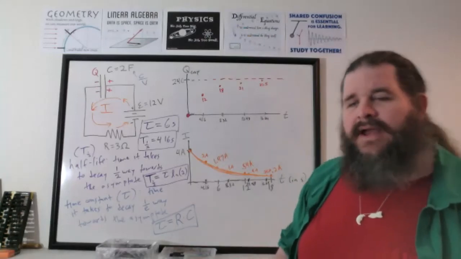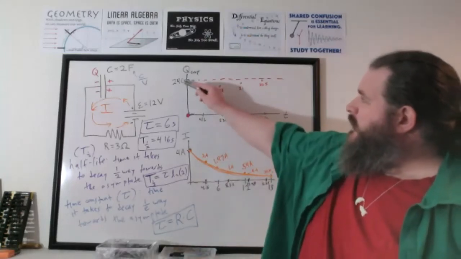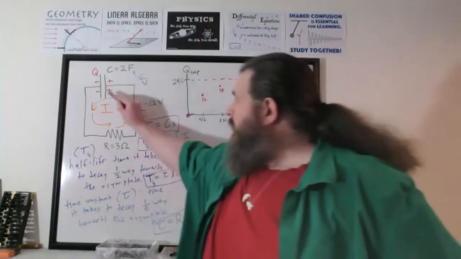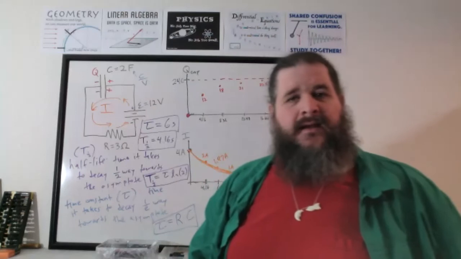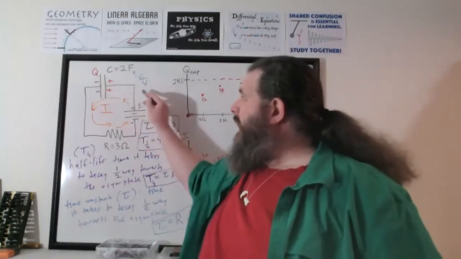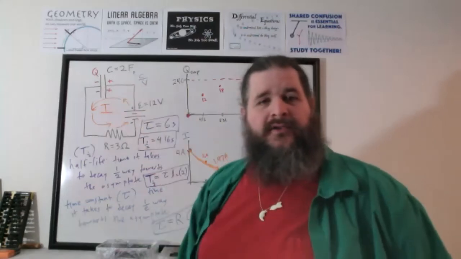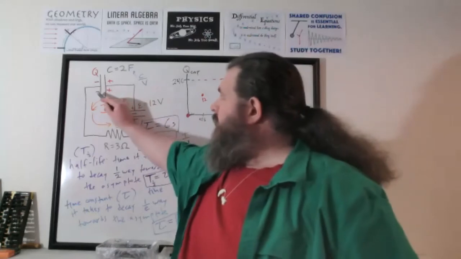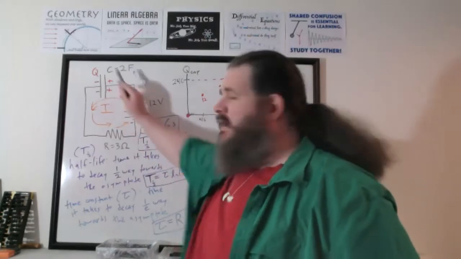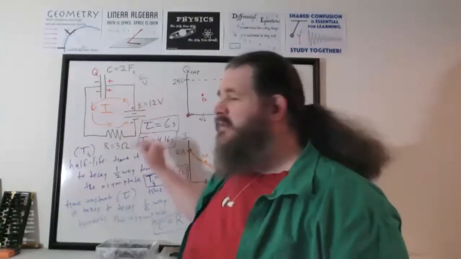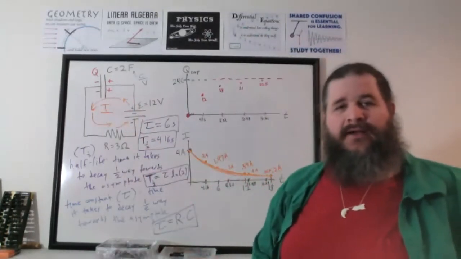But yeah, it's going to go down to 24, because 24 coulombs is the equilibrium situation, the situation where the capacitor and battery balance out exactly. But if the capacitor has more than 24 coulombs, that means it's pushing back stronger than the battery's pushing forwards. The capacitor has too much voltage. So that's actually going to make current flow the opposite direction. If the capacitor starts with too much charge, current's going to flow backwards against the battery, if this is a battery that even allows that to happen.